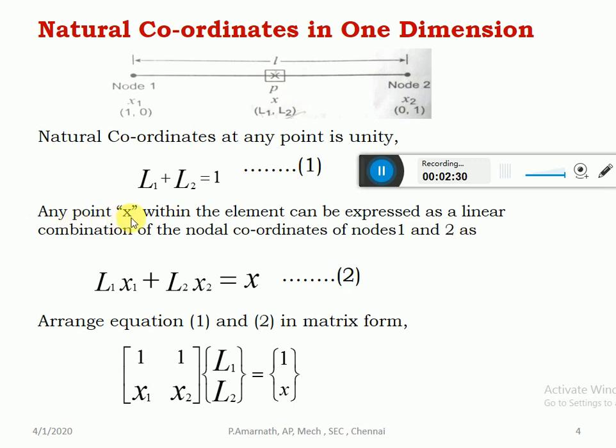Any point x within the element can be expressed as a linear combination of the nodal coordinates of nodes 1 and 2, so we take the equation L1 x1 plus L2 x2 equals x. This is equation 2. These two equations we arrange in the form of a matrix: [1 1; x1 x2] [L1 L2] equals [1 x].